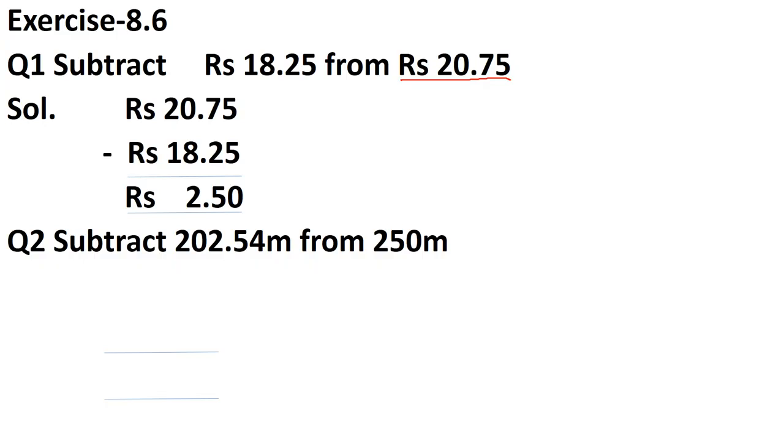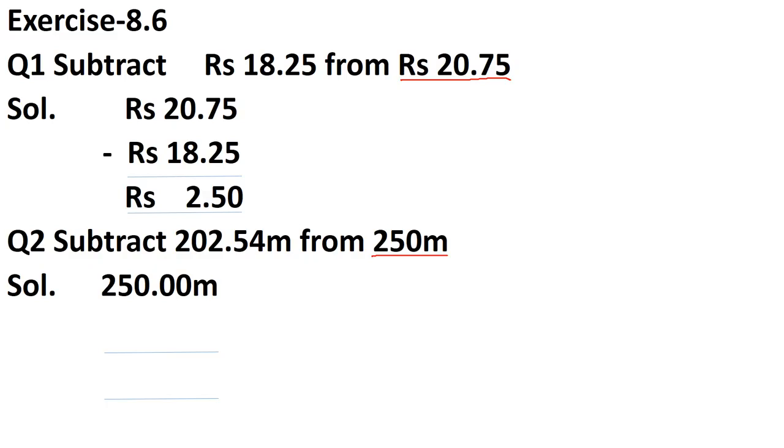This is a simple question. Now see, question number 1, B part is this. Subtract 202.54 meter from 250 meter. Now see, in this, what number is there? The number written after "from", that we have to write down first. So we will write down first 250 meter. But the decimal point is not there.